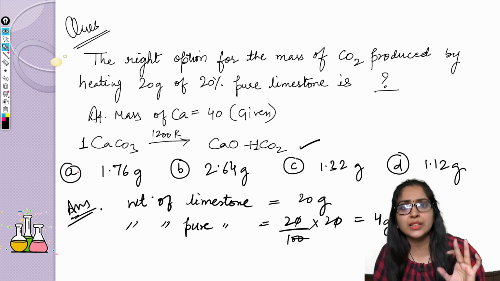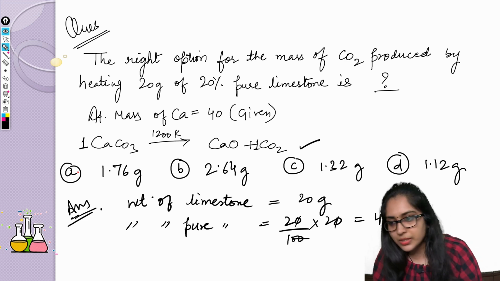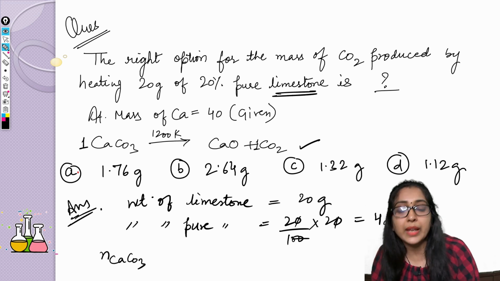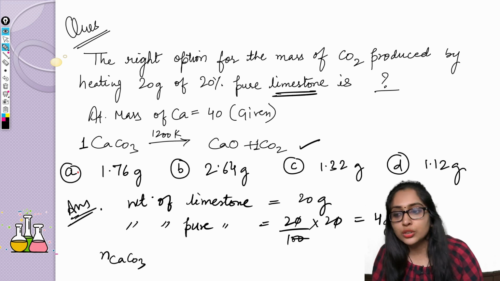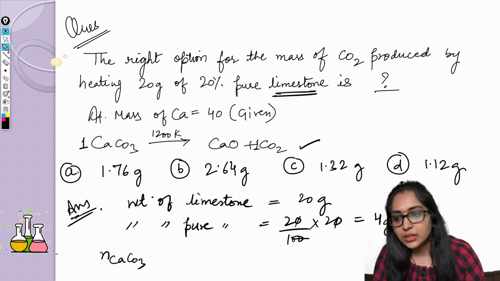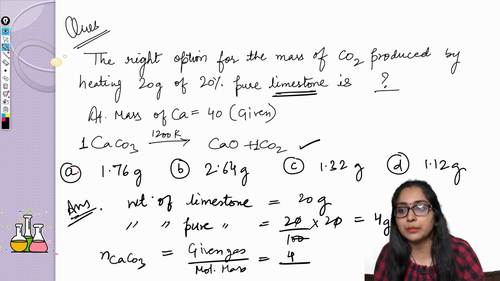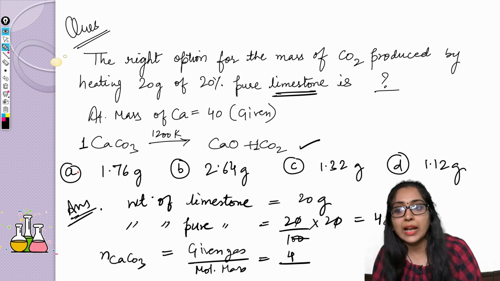Can I calculate the number of moles out of this? Yes, definitely. Number of moles of calcium carbonate will be given mass divided by molecular mass. The given mass is what you have just calculated, 4 gram. The molecular mass of calcium carbonate is 100 gram: calcium 40, carbon 12 and 3 into 16.